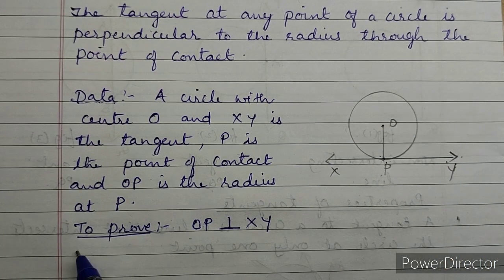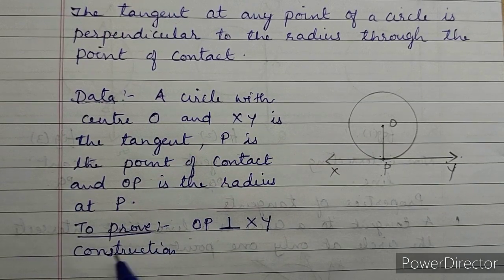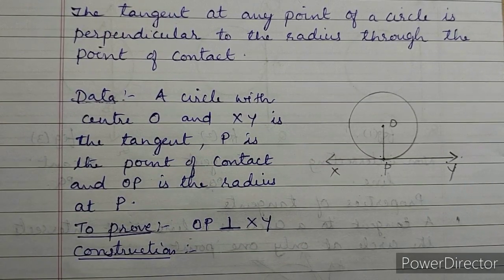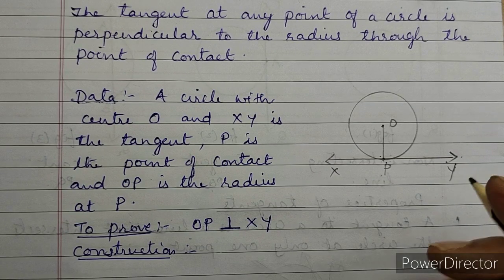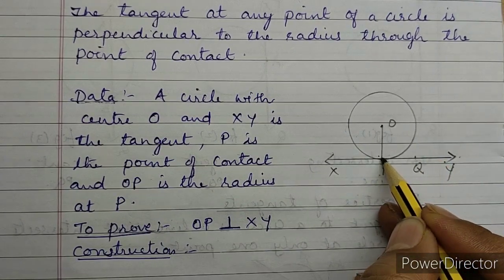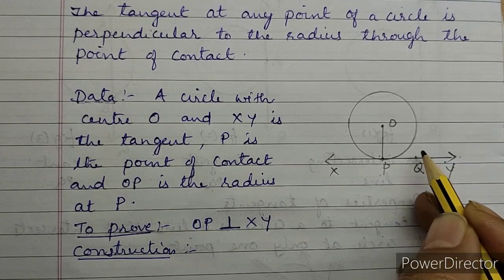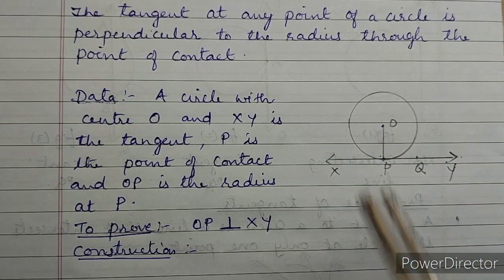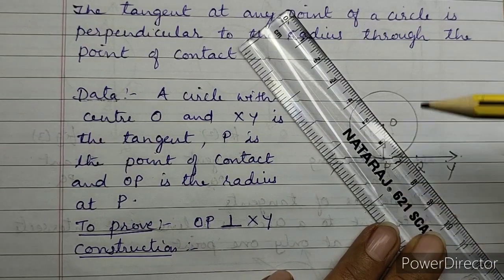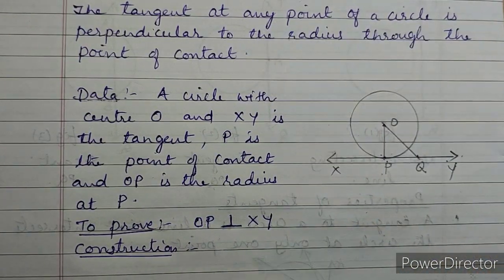One construction is there. Construction is nothing but you have to consider a point Q on XY other than P. Anywhere you can mark one point Q and join OQ.